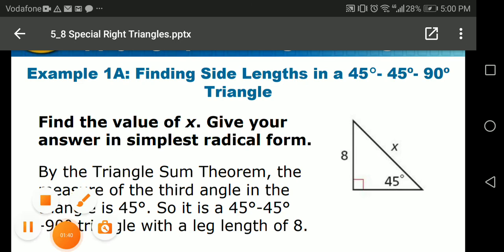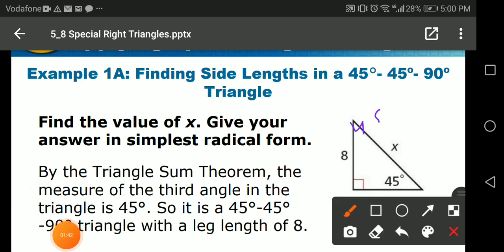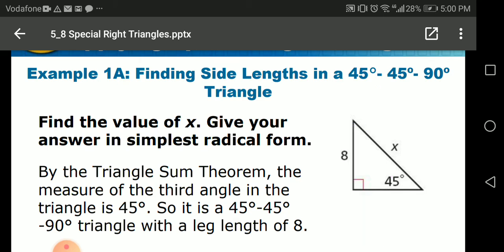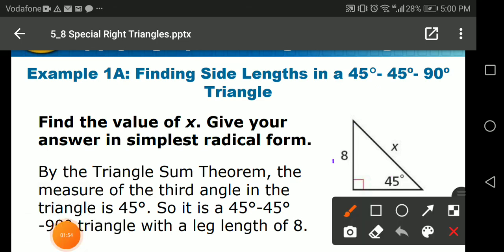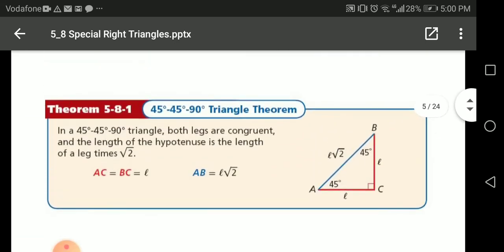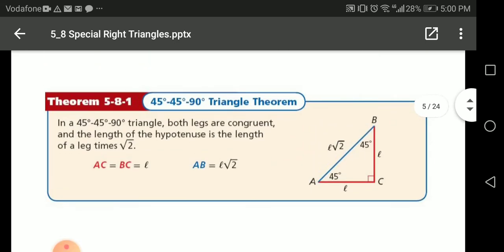So we have 45, 45 and 90 degrees. This is the theorem, so it's easy now. We have L and L, and remember, L square root 2.